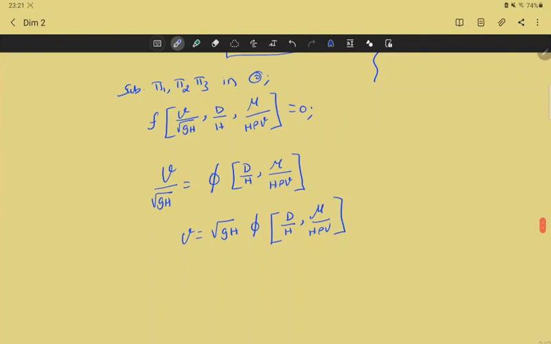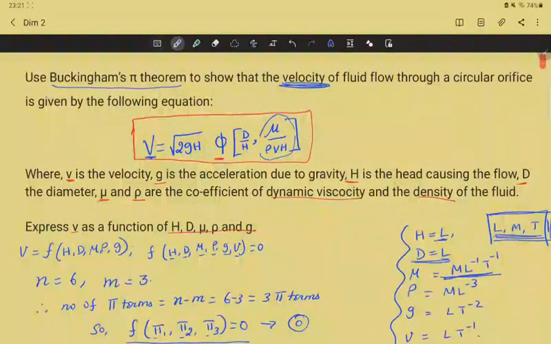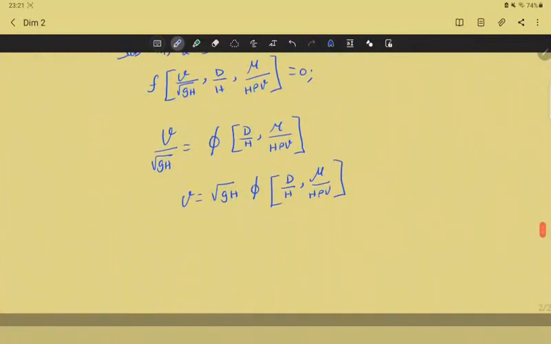I think we have got it there, have we? What is it that we have been asked to find? V equals root 2gh phi d by h. We have got everything except 2. Aww. What did we miss out? We didn't really miss out anything, my dear people, because we are dealing with dimensions.